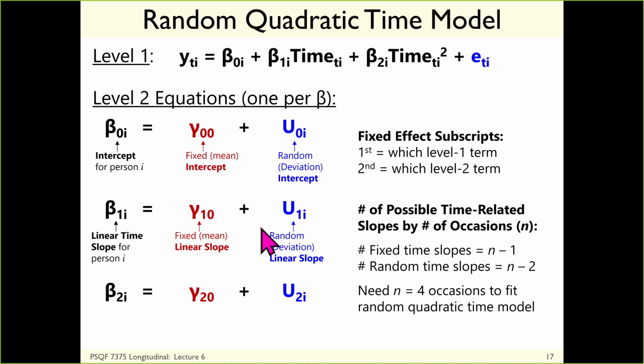I think we're a week or 2 away from that yet. And then if it's not a fixed effect, then the second place is a subscript for what unit of sampling the effect varies over. So these U's have an i subscript because they vary over people. Each person gets their own U0, gets their own U1.